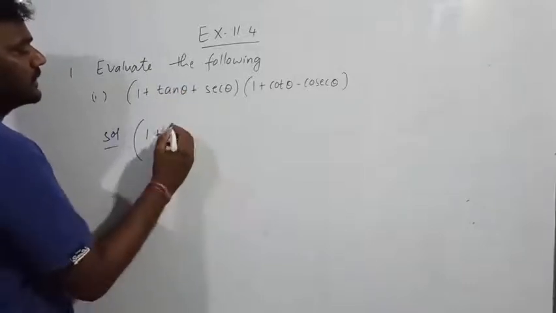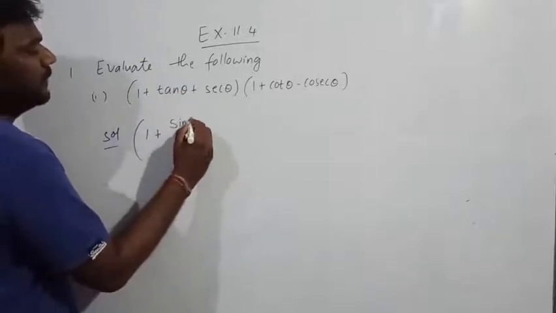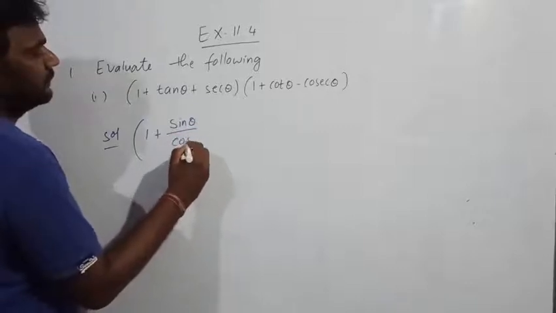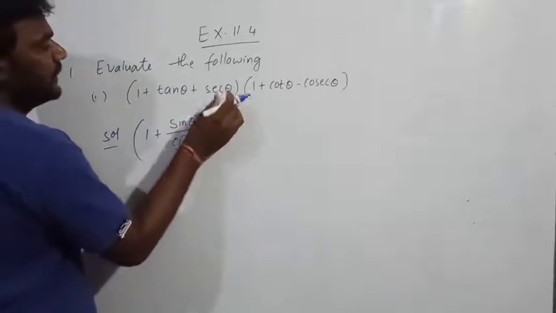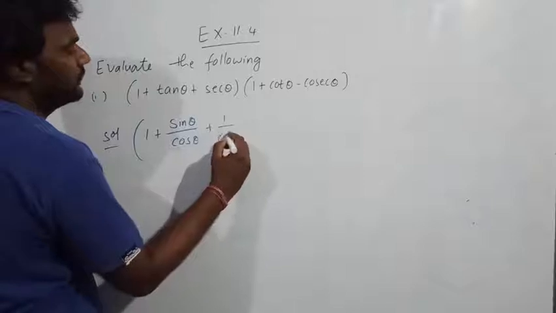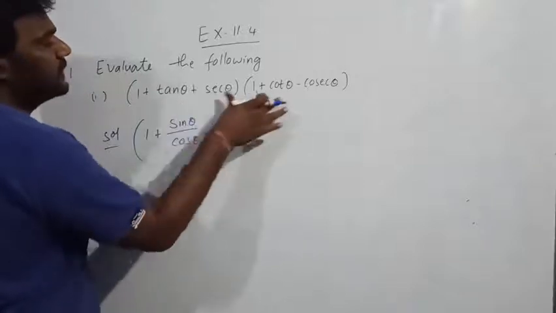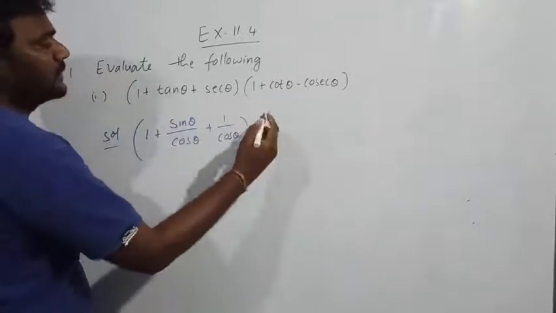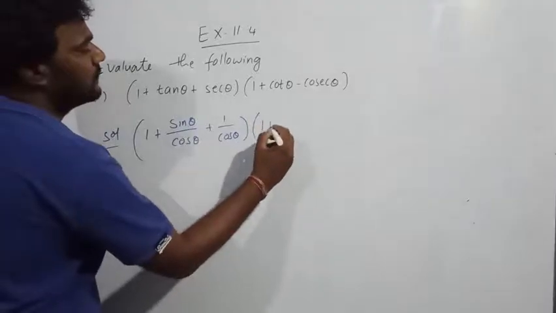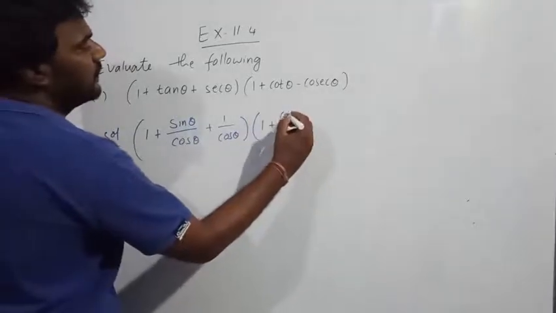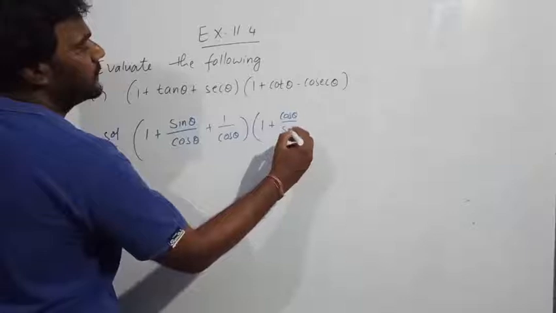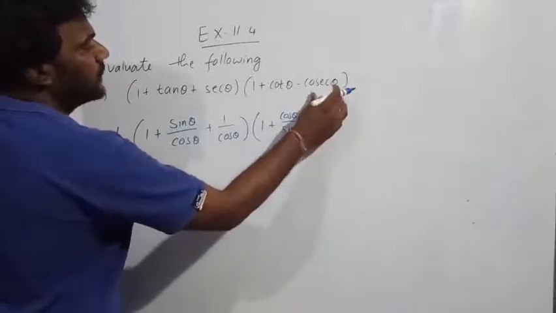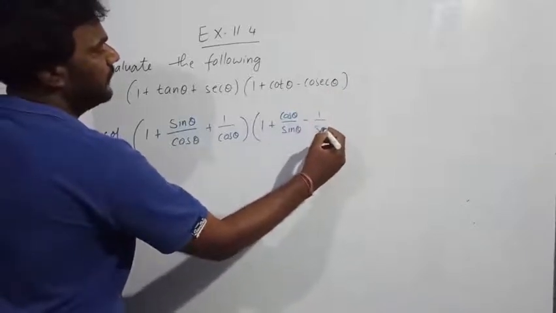Sin by cos. So sin theta by cos theta plus sec means what? 1 by cos theta. This total changes to in terms of sin and cos. So here also 1 plus cot form is what? Cos theta by sin theta. Cosec means what? 1 by sin theta.